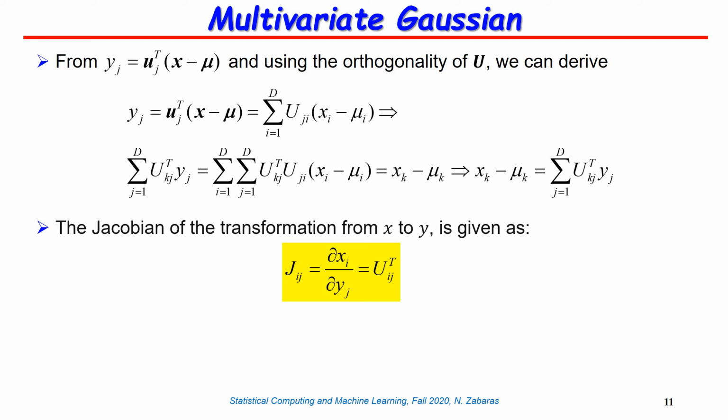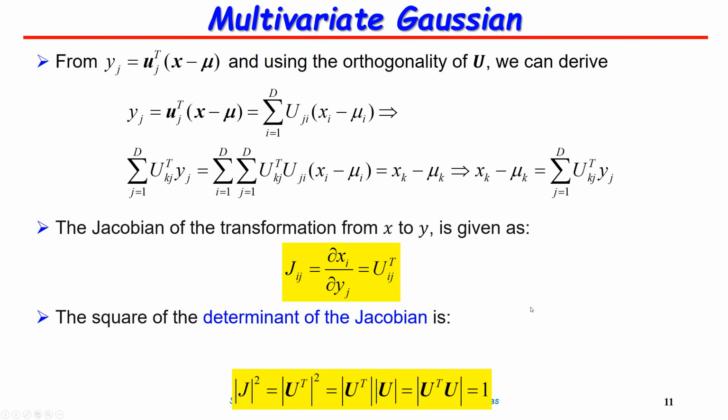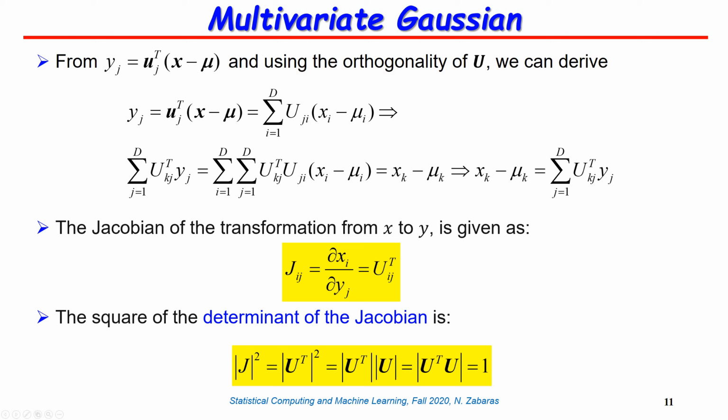So the Jacobian matrix is U transpose, and from the calculation you see on the bottom, using the orthogonality of U and this nice property of determinants, you can immediately see that the determinant of the Jacobian of the transformation is equal to 1.